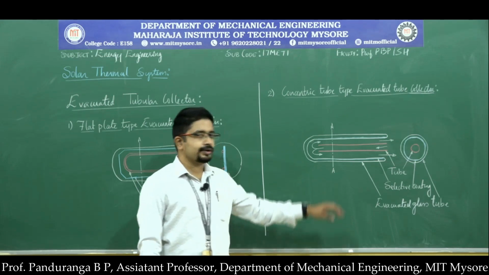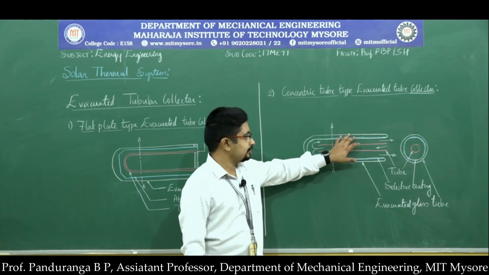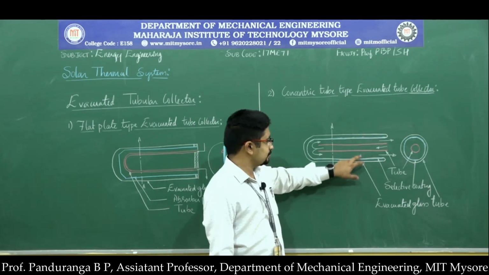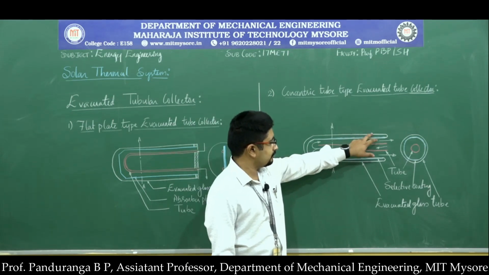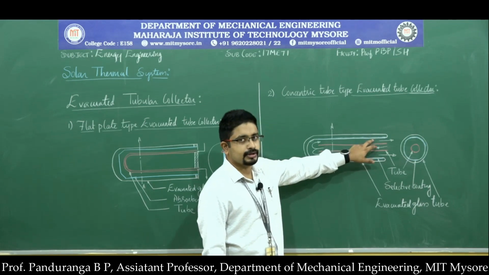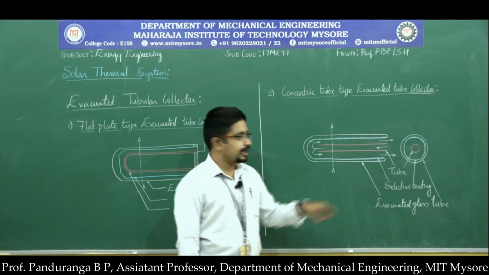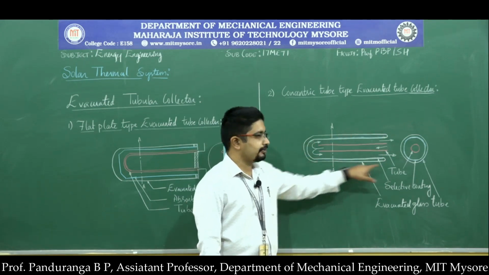So what they do is use concentric tubes and the air between these two tubes. Here we have one tube and a smaller tube. The air between these two tubes will be removed.